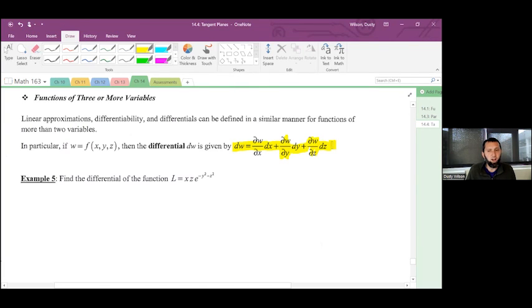So in example 5, we want to find the total differential of the function L, equal to xz e to the negative y squared minus z squared.